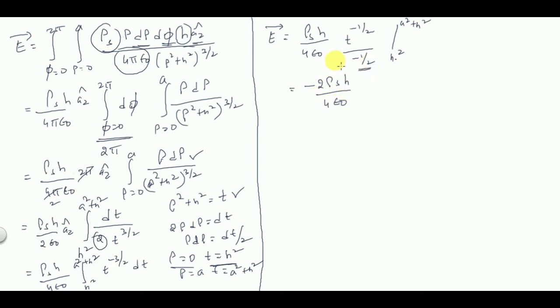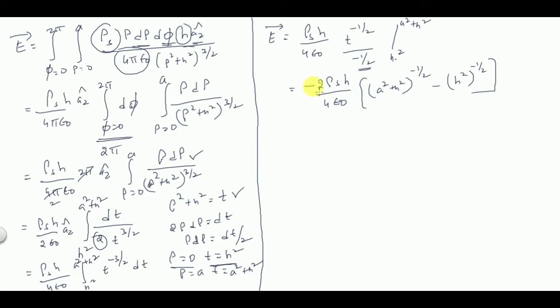This minus 1 by 2, if you send it to the numerator, becomes minus 2 into, first the upper limit, (a square plus H square) whole to the power of minus 1 by 2 minus (H square) whole to the power of minus 1 by 2. Okay, so this is the value which is obtained after substituting the limits, right?